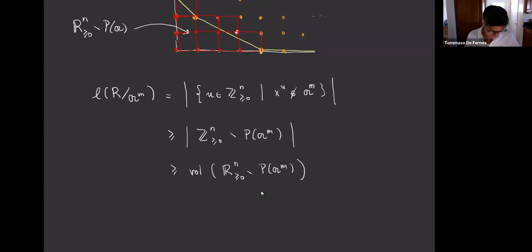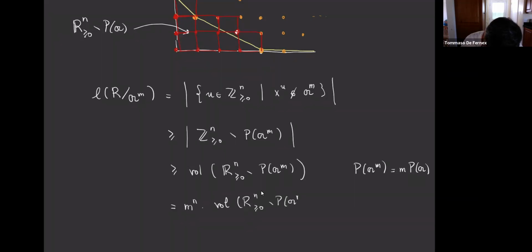Okay. And now here I'm using the fact that P of A to the M is just M times P of A. So it's just a rescaling of the Newton polygon. So this will be equal to M to the n times the volume of R. Okay.